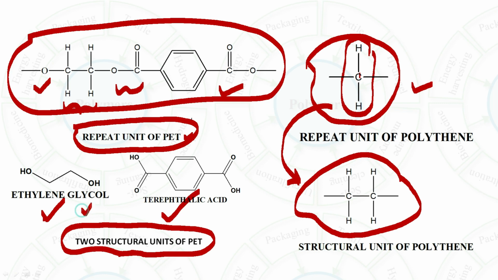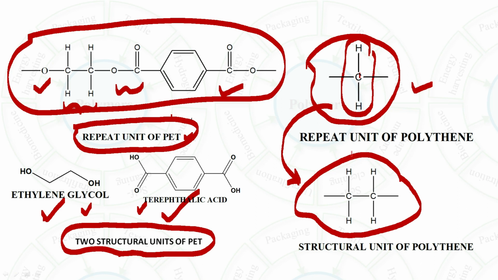So this is one monomer, glycol, and this is another monomer, terephthalic acid. These two are the structural units. Basically the monomers used in the synthesis of the polymer are known as the structural units, right? And this is the repeating unit, which is formed by the combination of these two.